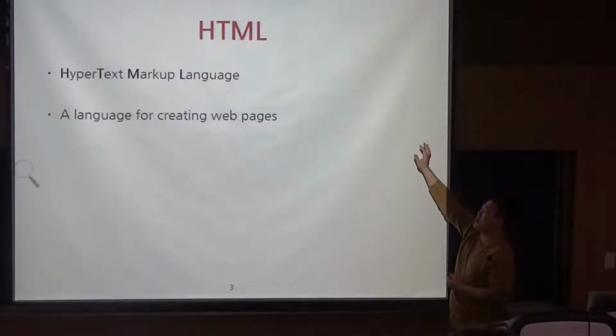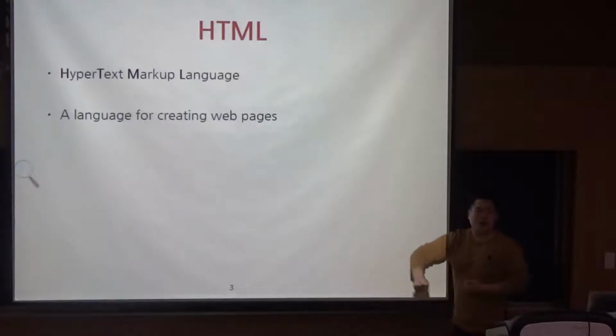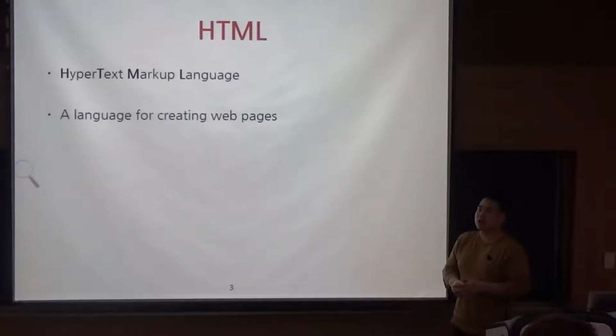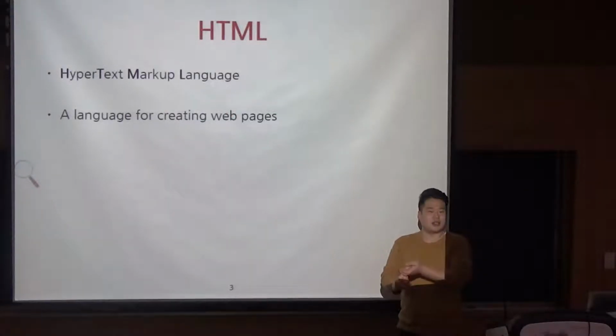It stands for Hypertext Markup Language. But what you need to know is HTML is a language for creating web pages. This is just my simple definition. So if you want to build a web page, then you have to use HTML. Does it make sense?